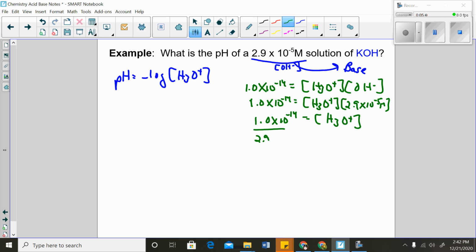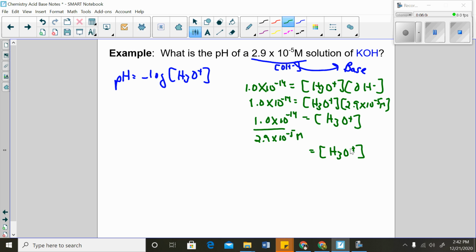2.9 times 10 to the negative fifth. All right, now to solve this, you want to hit that fraction key on your calculator. See how this is all connected? All right, so on the top, you're going to put 1.0 e to the negative 14th.